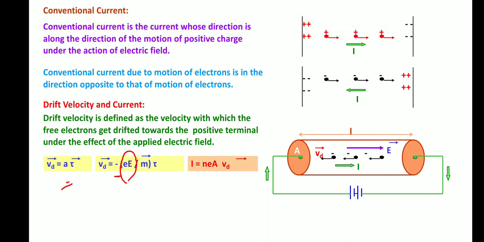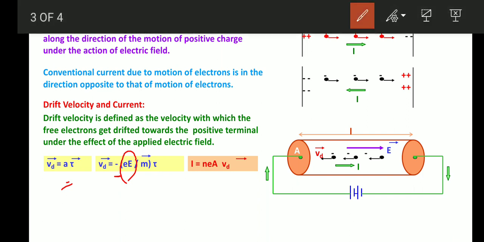From this we obtain the relation between current and drift velocity: I is equal to nAeVd, where n is the number of electrons, e is the charge of the electron, A is the area of the conductor, and Vd is the drift velocity at which the electrons are drifted.